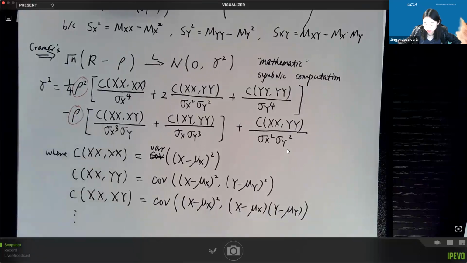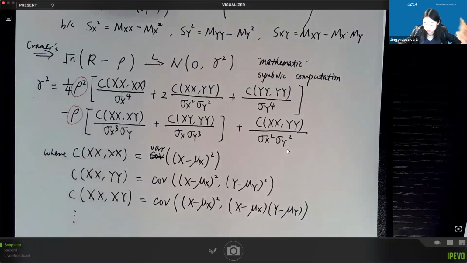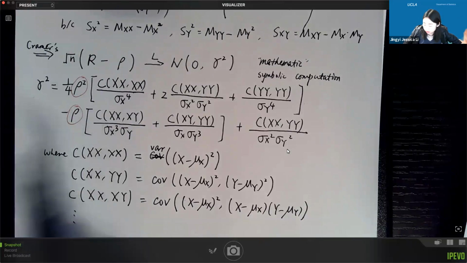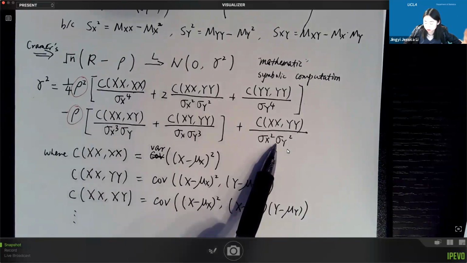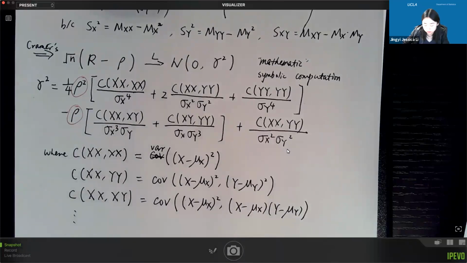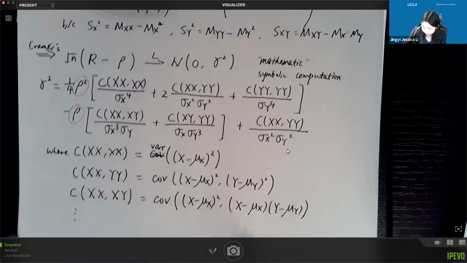That would actually decide the asymptotic variance of the sample correlation. If rho is 0, then we're only left with the last term. That will be the only term remaining in the asymptotic variance. Okay, it looks complicated, right? But this formula can become extremely simple if we assume xi and yi follow a bivariate normal distribution. So, special case.